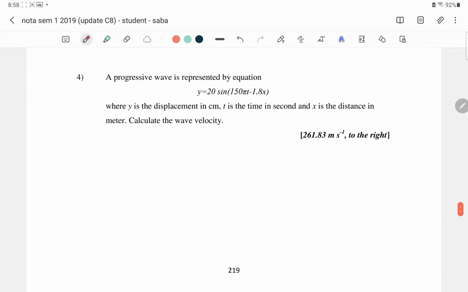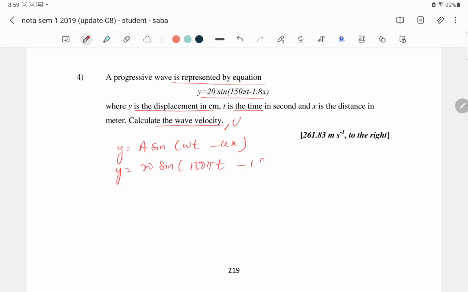Okay, we go to number 4. A progressive wave is represented by the equation where y is in centimeter and t is second. Calculate the wave velocity, where you have to find your v. The basic equation for this one is ωt − kx. So your y is 20 sin((1/5)π t − 1.8x).